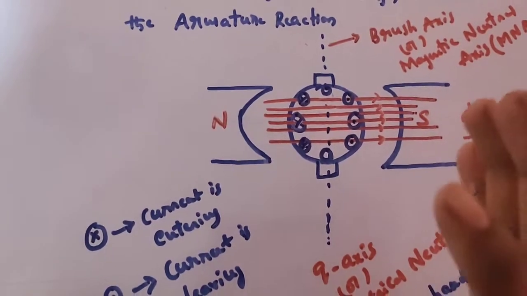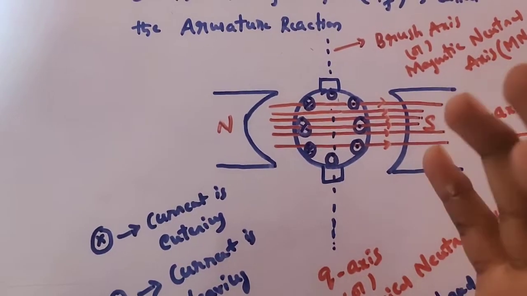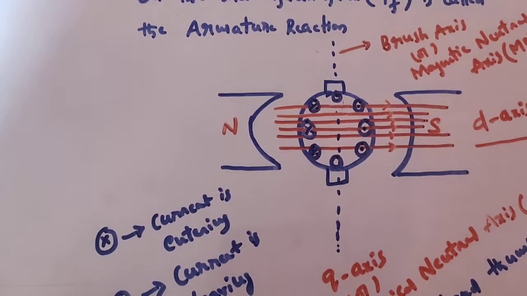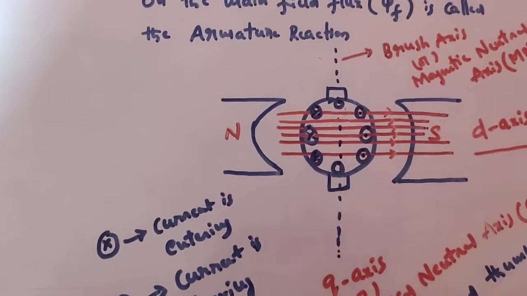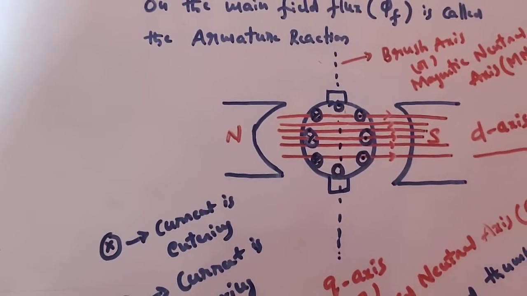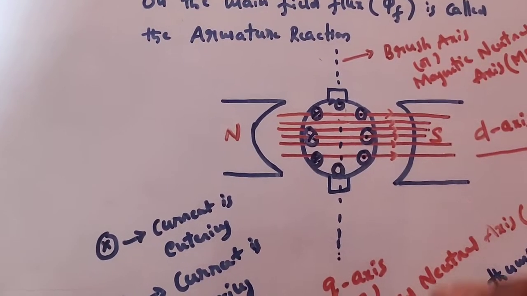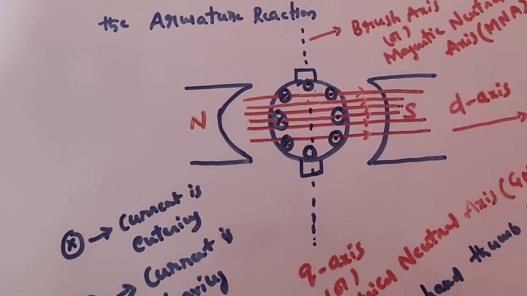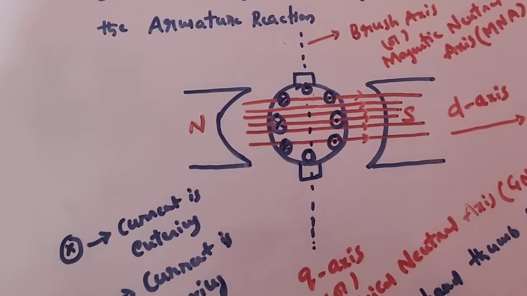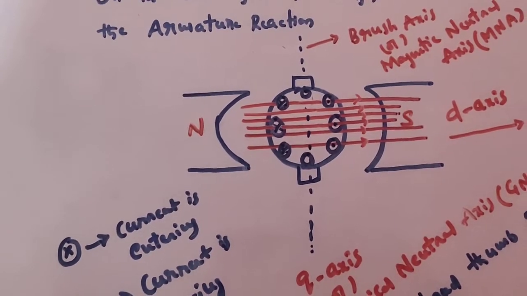Now we have to focus on how the armature flux is flowing, and in which direction. The main reason for producing the armature flux is the current flowing in the armature.